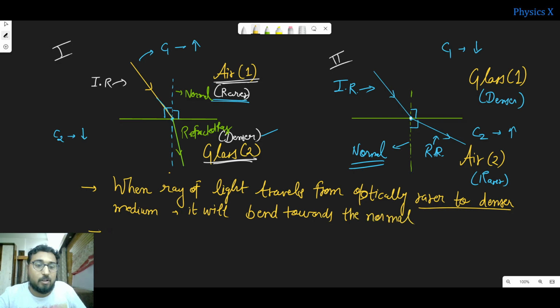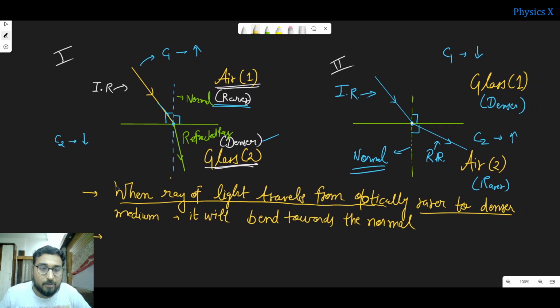And correspondingly, for the vice versa case, you can write that when a ray of light travels from optically, I can better write like this.